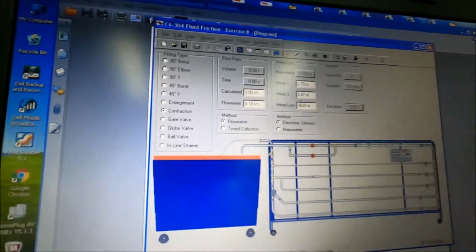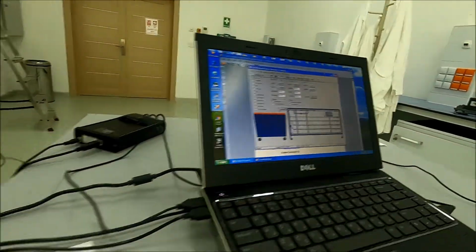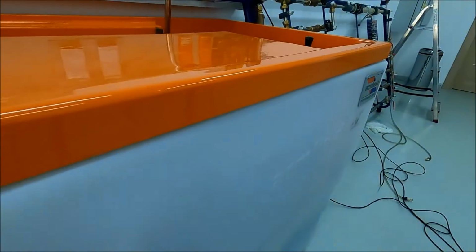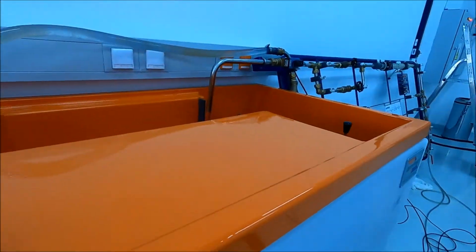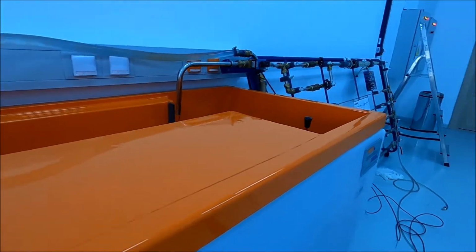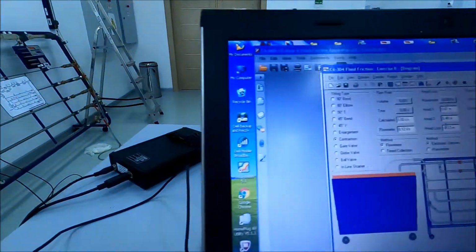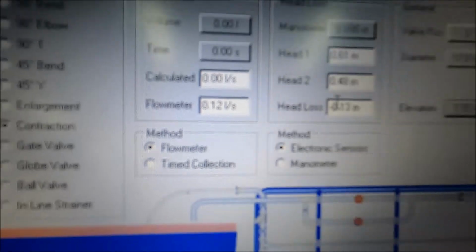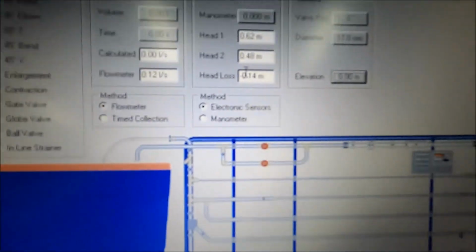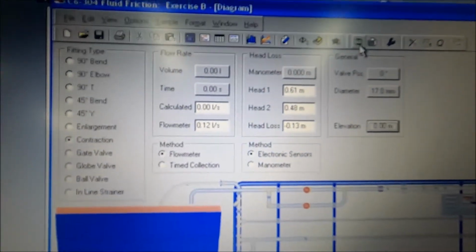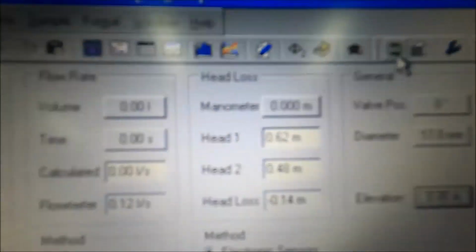Let's make our first flow rate about 0.10. Let's slow down. Okay, right now it's 0.11, 0.12. To take readings, just push the go button, and here it shows the readings from the heads.